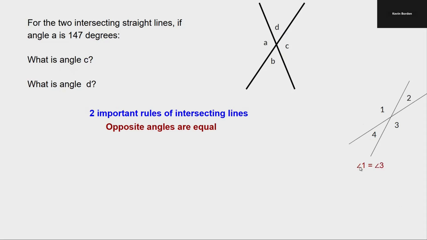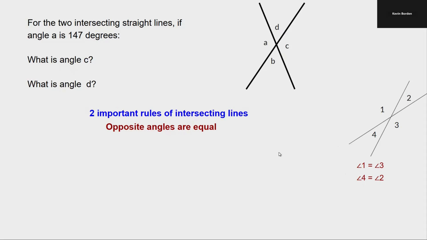We could note that with this little angle symbol, angle 1 equals angle 3. Now, angles 2 and 4 are also opposite, so those must be equal as well. And we could write that as such. Angle 4 equals angle 2. The order is not important there.